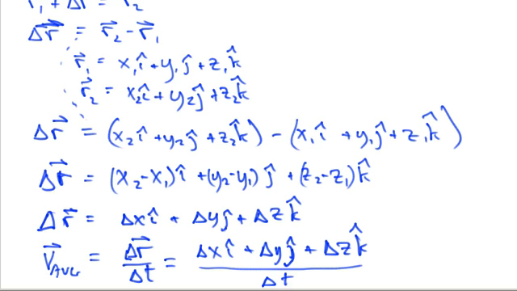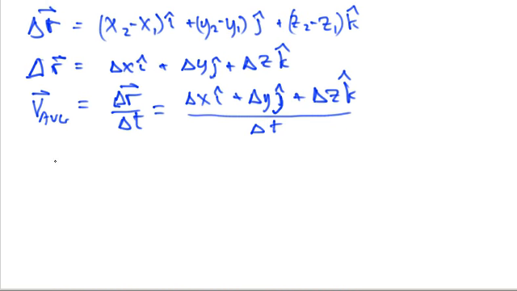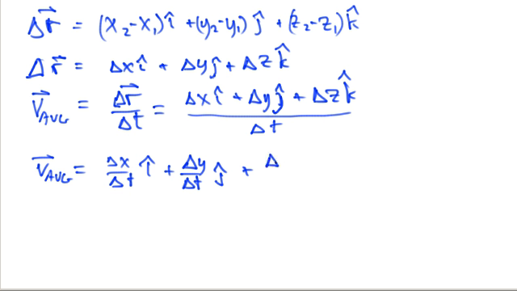So that's the average. Go ahead and divide the delta t into each term individually. So that's delta x divided by delta t times i plus delta y divided by delta t times j plus delta z divided by delta t times k.